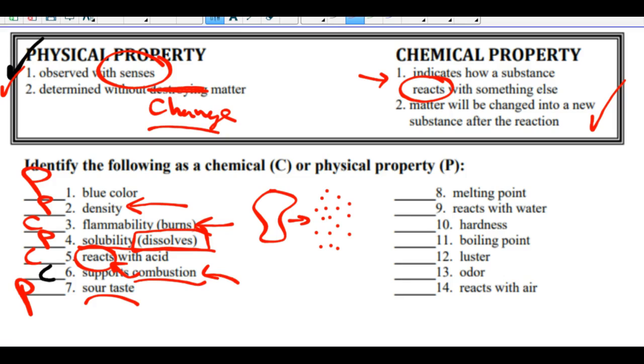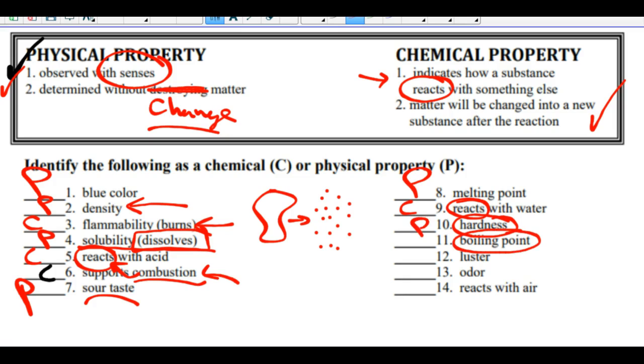Coming over here, melting point. Melting point is just the temperature at which something melts. So it's still something, it's just not a solid anymore, so it's not really changed. Reacts with water, that's a dead giveaway. Hardness, we can feel that with our hands or our sense of touch, so that's physical.